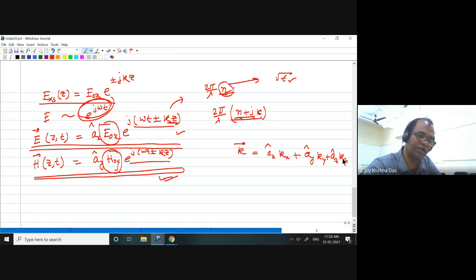With respect to that, I want to see my wave propagating along the k direction, some arbitrary direction where I have kx component, ky component, and kz component also. At the same time, I will have ex component, ey component, you can have ez component, you can have hx, hy, hz components, and all of them can be x, y, z dependent.